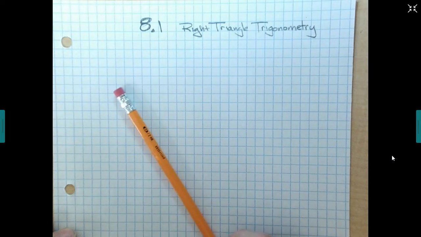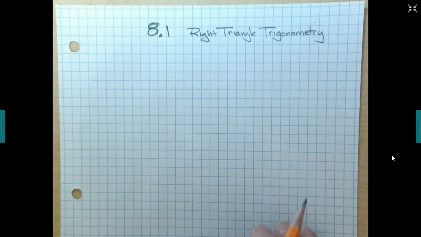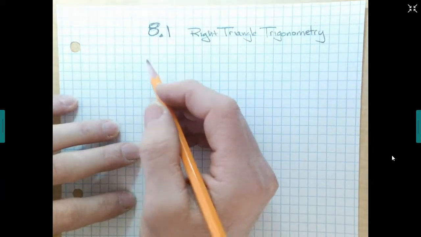Good morning, students. Today we are going to be on section 8.1, and we are going to be working with right triangle trigonometry.